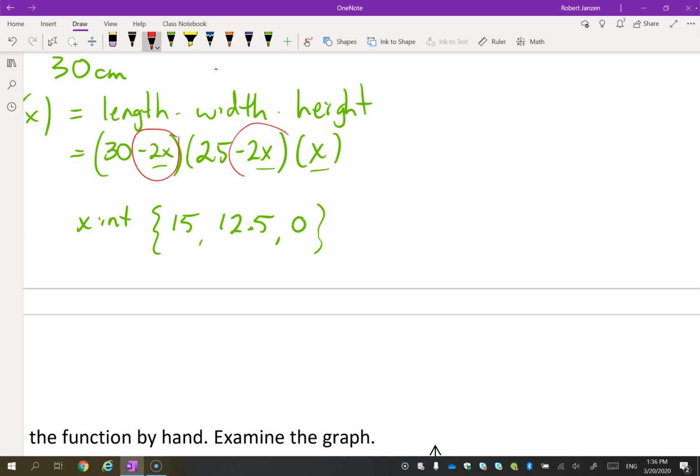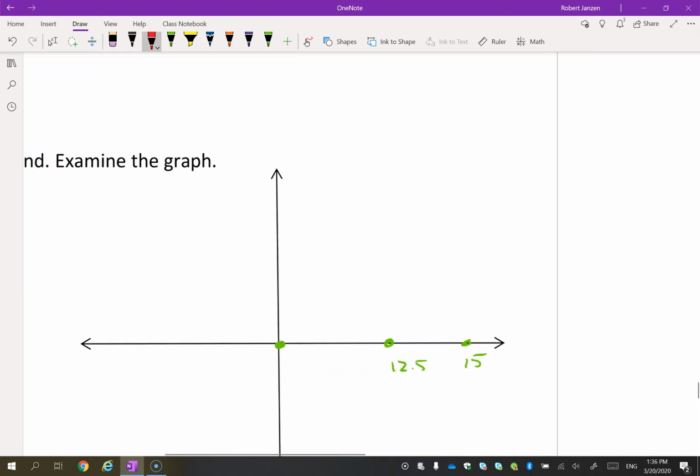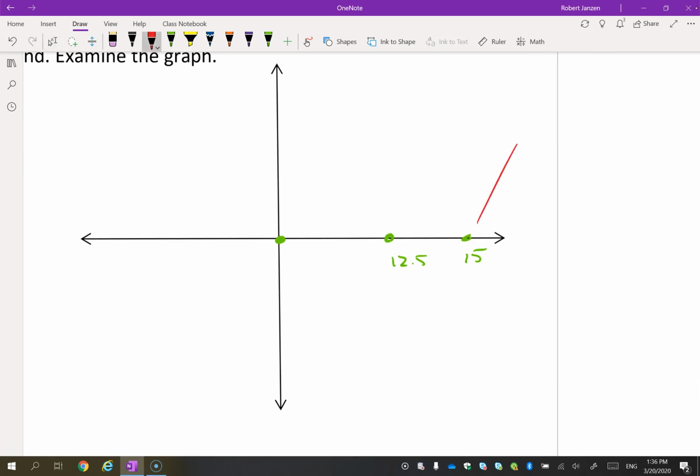Negative 2x times negative 2x times x will give you a positive 4x cubed. So that means this cubic will look like this. In between here, you're going to get a curve that looks something like that. Let me just move that over a little bit. Okay.